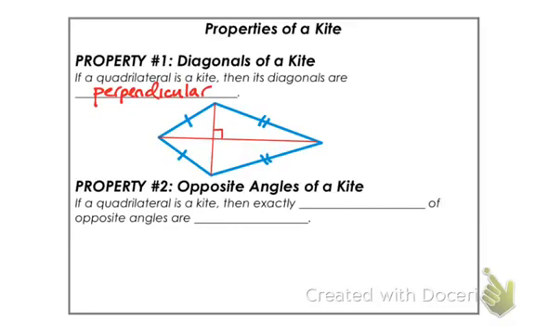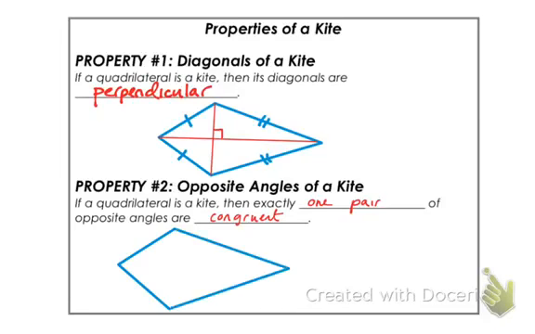The second property of a kite is that the opposite angles are going to be congruent. Exactly one pair only, not both, but one pair of opposite angles are congruent. So if you have our kite again, you see how we have the two consecutive congruent sides here and here, and then also here and here?